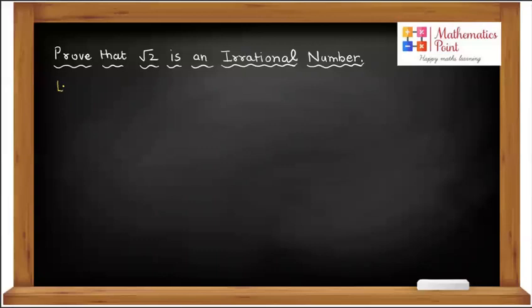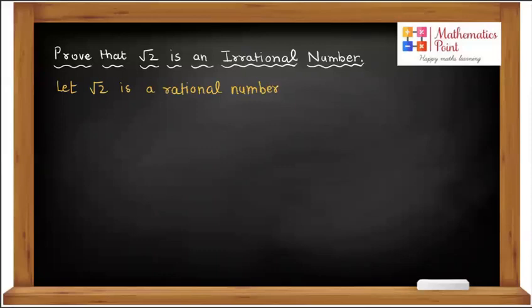So how? We will assume that let square root of 2 is a rational number. Now, what is a rational number?